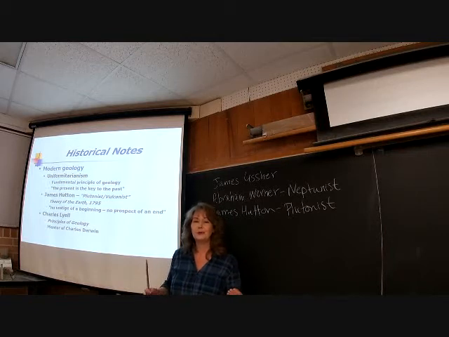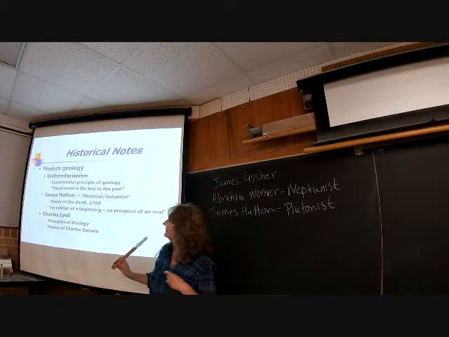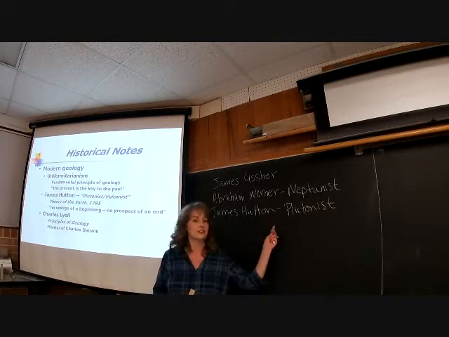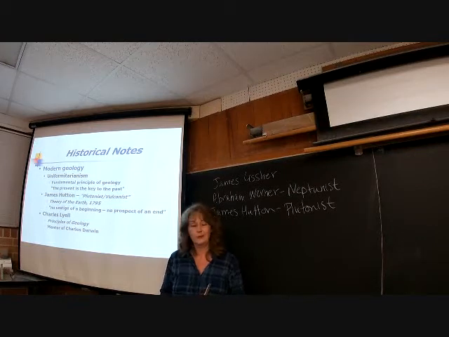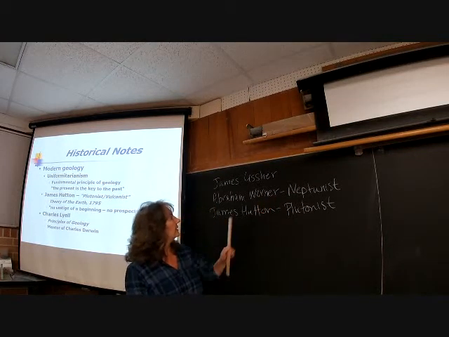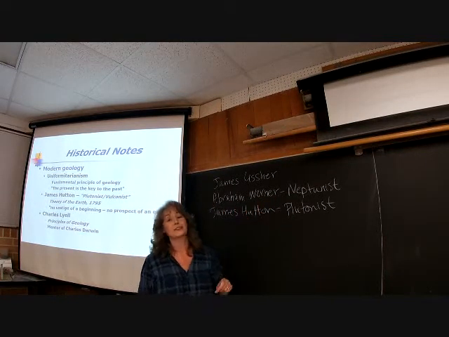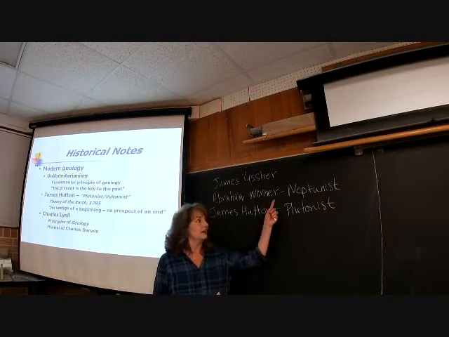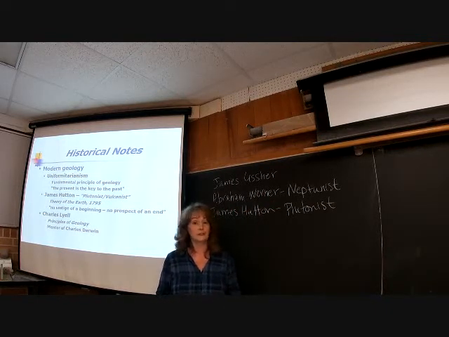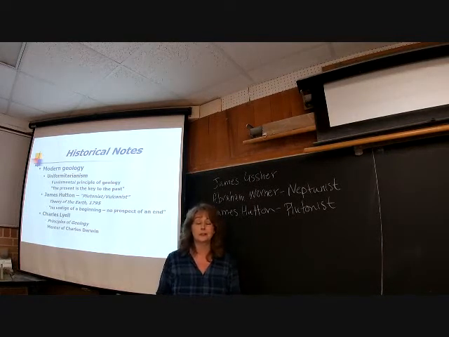So we had these two schools, the Neptunists and the Plutonists, and eventually the Plutonists did win out. What happened was, with the Neptunists, Abraham Werner's students were the ones that refuted his idea of a universal ocean creating all of the rocks.